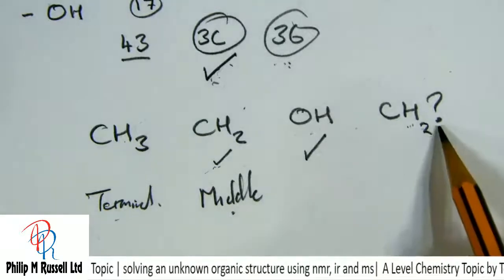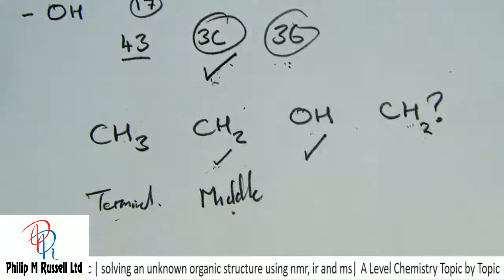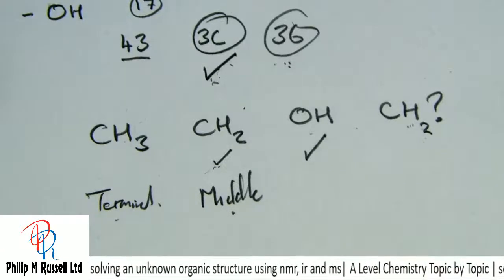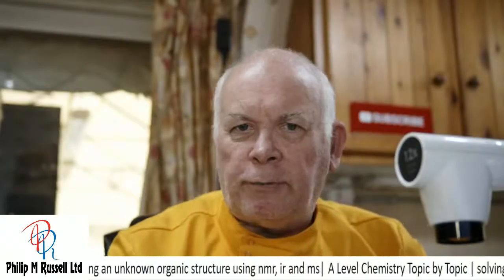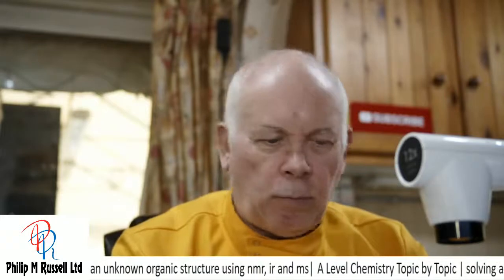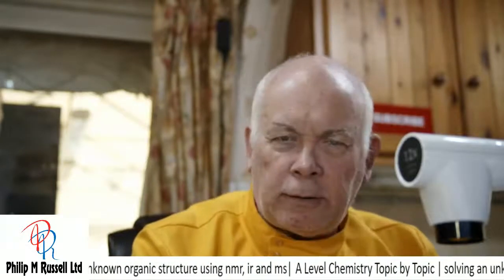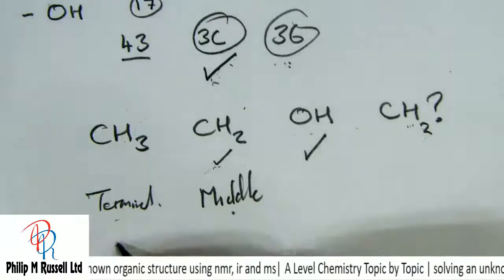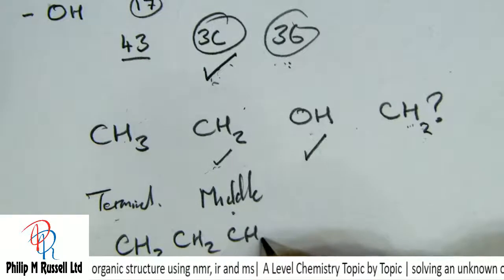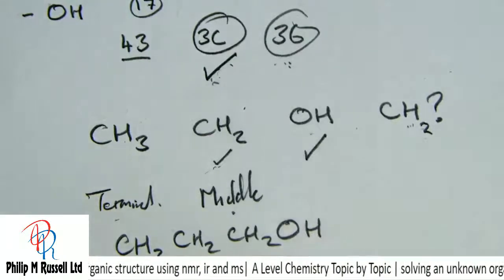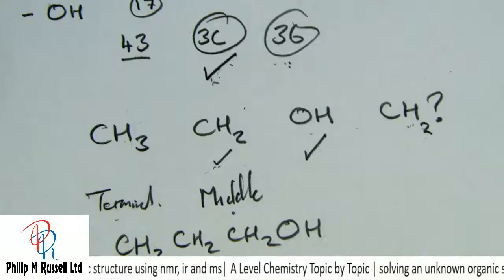So we had a question mark on that one, and we're fairly convinced now. Right. Okay, so let's try and summarise what we've actually found, because it's looking to me that we've probably got something really quite simple: CH3, CH2, CH2, OH. So I'm going to reckon on this being propan-1-ol.